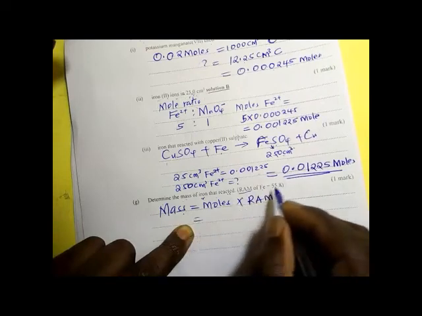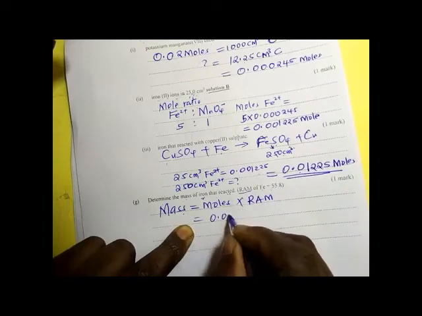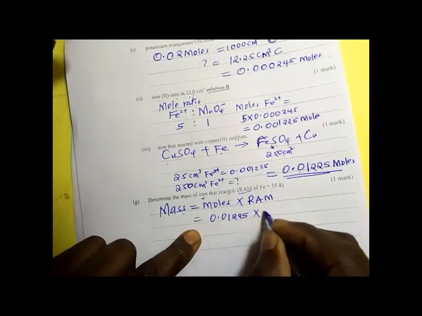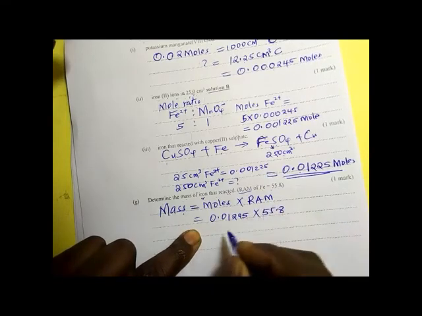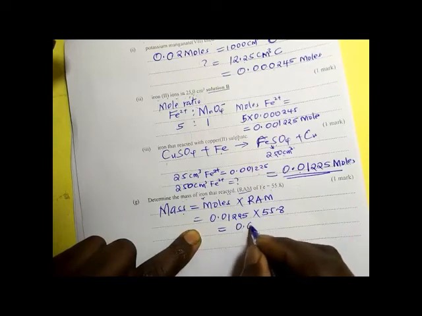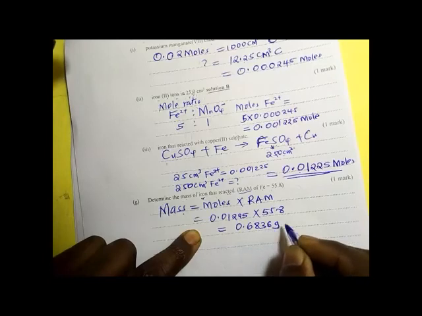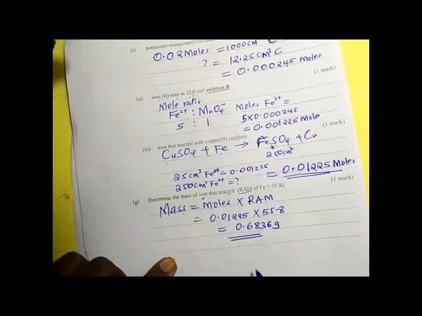We just take these moles times 55.8, which will give you 0.6836 grams. That is the mass of the iron.